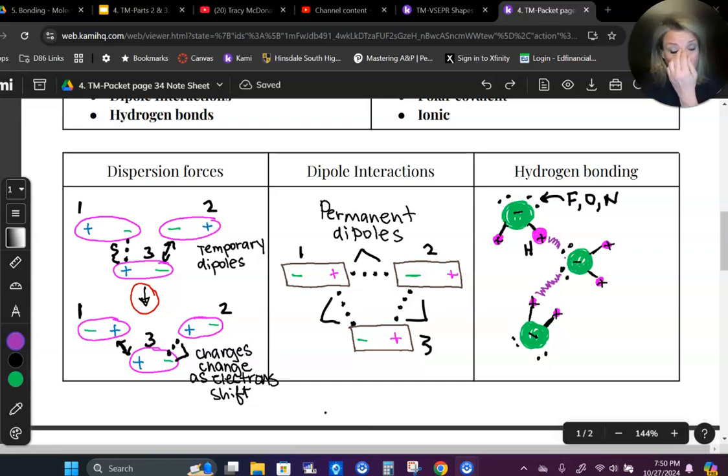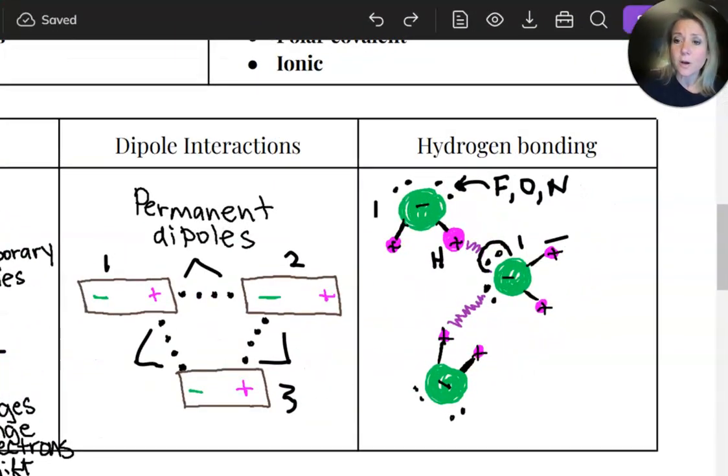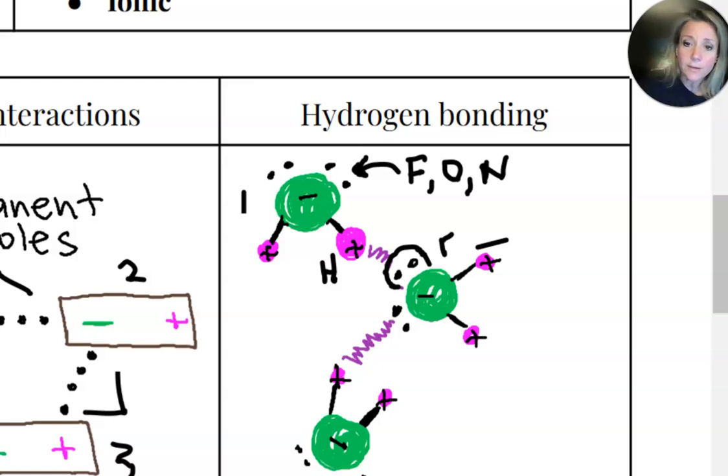So you have to have a hydrogen and you have to have FON in order to have hydrogen bonding. What's going on here is that the hydrogen on one molecule is attracted to the unshared electron pair on an F, O, or N on a neighbor. You can see the purple squiggle here.